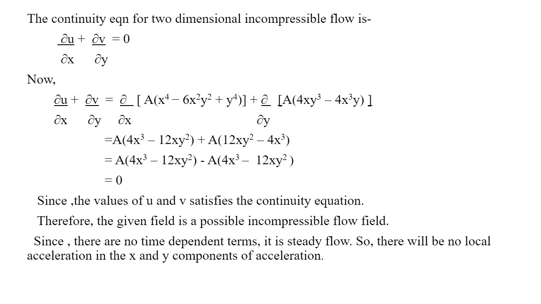Now since the values of u and v satisfy the continuity equation, therefore the given field is a possible incompressible flow field. Okay, and since there are no time dependent terms, it is steady flow. Yes, as you can see there is no time dependent term here, so it is a steady flow. So there will be no local acceleration in the x and y components of acceleration.